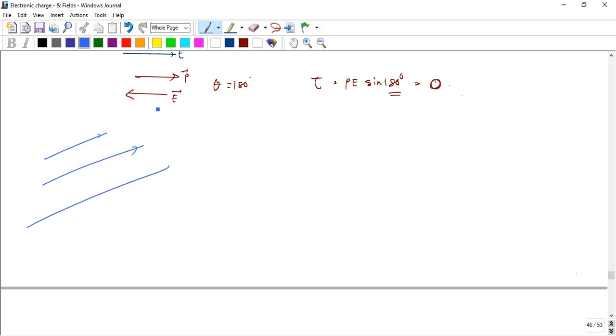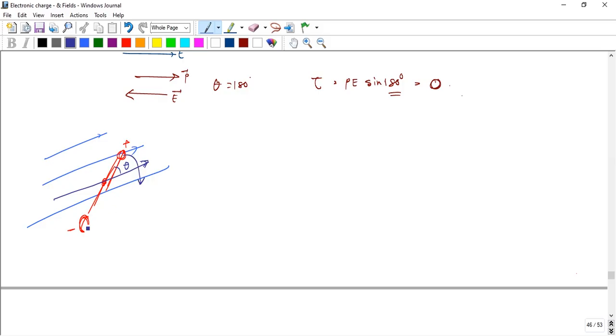If the dipole is placed like this, with one charge plus and the other minus, that is the dipole center, and the electric field is oriented at an angle theta. So here is some oscillation.